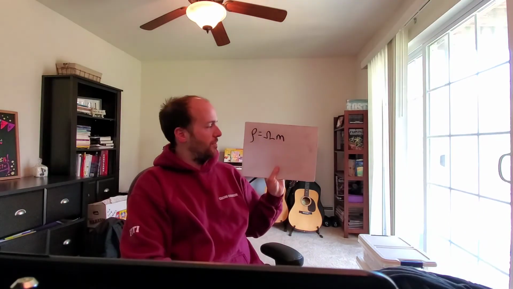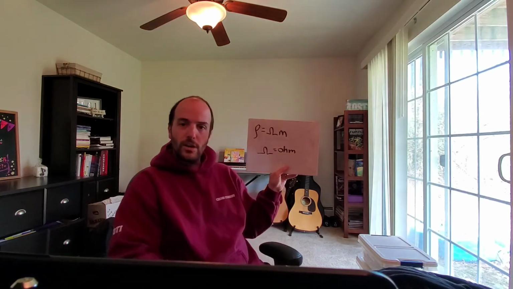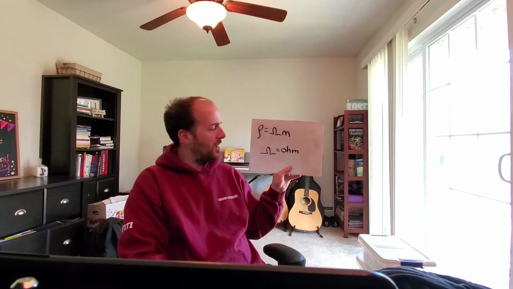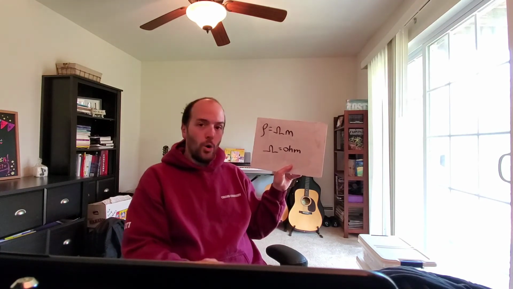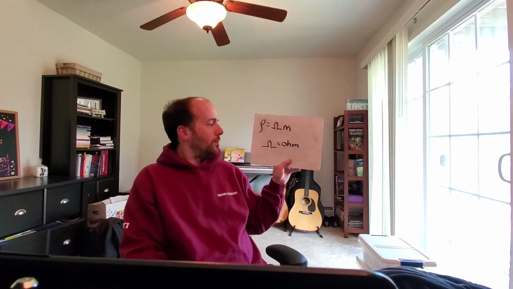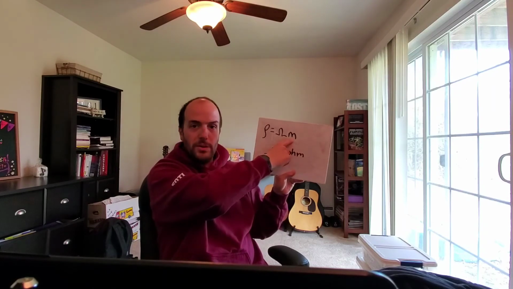This symbol here is called the ohm. It's actually the Greek letter capital omega, but we call it ohm after the scientist. So for resistivity, it's ohm times meter, an ohm meter.